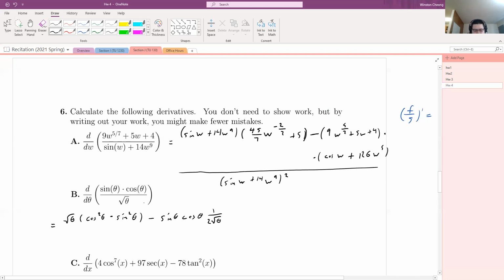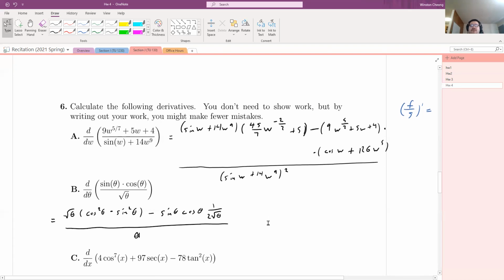If you don't know that, then what you would do is think of the square root as a 1/2 power, and you do a power rule. And then if you rewrite it, you'll get this format. So, okay, and then this is all over denominator squared. So that squaring is going to get rid of the square root, which means I'll just have a theta on the bottom. And so that's part B.